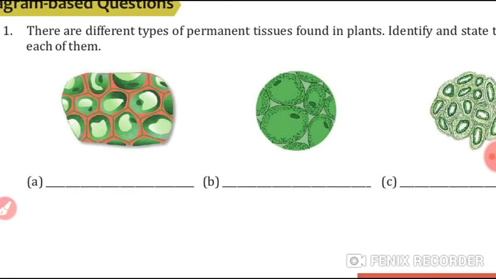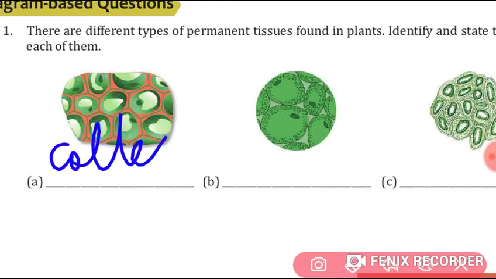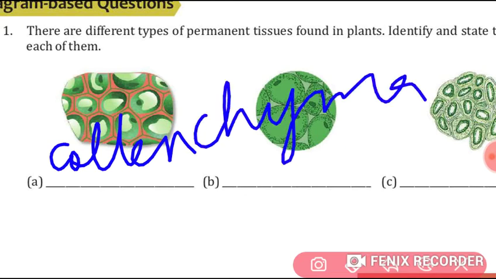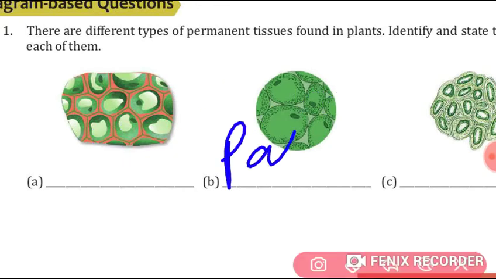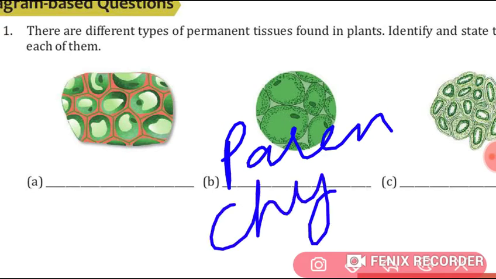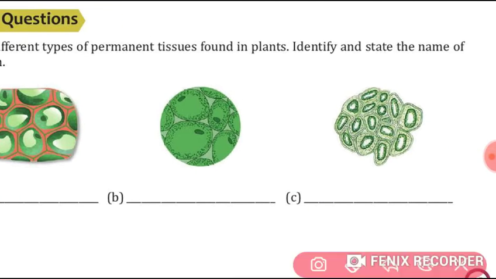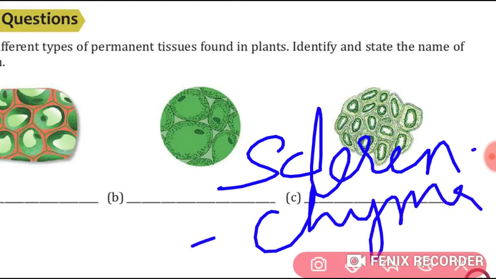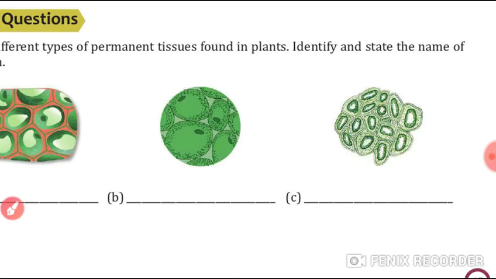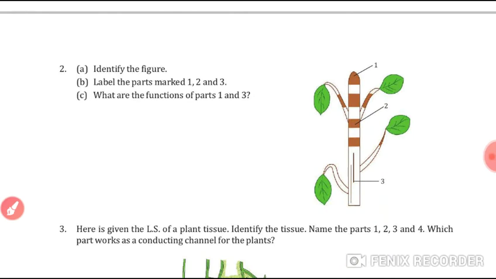First, you have to write here: collenchyma, C-O-L-L-E-N-C-H-Y-M-A. Second, parenchyma, P-A-R-E-N-C-H-Y-M-A. Then third, sclerenchyma, S-C-L-E-R-E-N-C-H-Y-M-A.